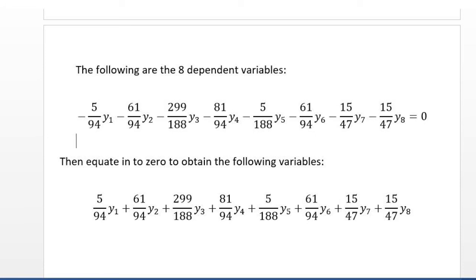Then to make it positive, multiply by negative 1 and now we will put the value of coefficient in the equation.